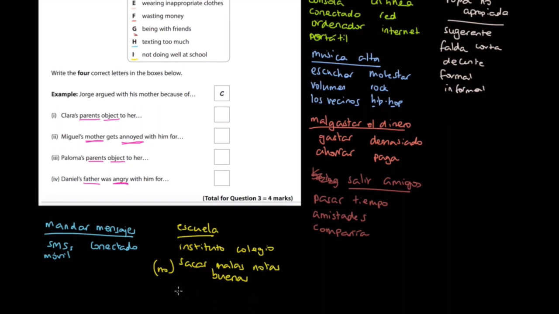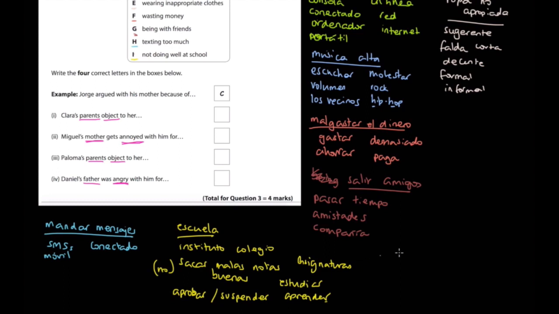And I may hear words like aprobar, to pass an exam, or suspender, to fail an exam. And other words like estudiar, to study, aprender, to learn, asignaturas, subjects, or you may hear names of different subjects, maybe some that he or she does or doesn't like.